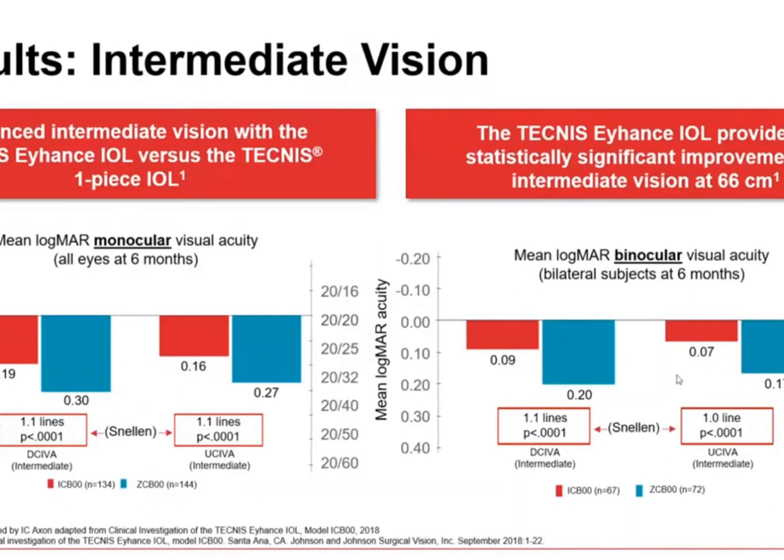This uncorrected intermediate VA seems to perform a little bit better than the distance corrected VA. So there's a likelihood that a little bit of myopia has been induced, which results in a better visual acuity result compared to the distance corrected intermediate VA.